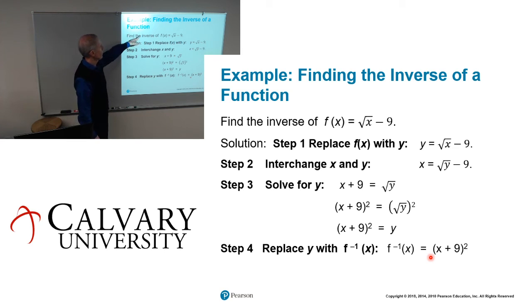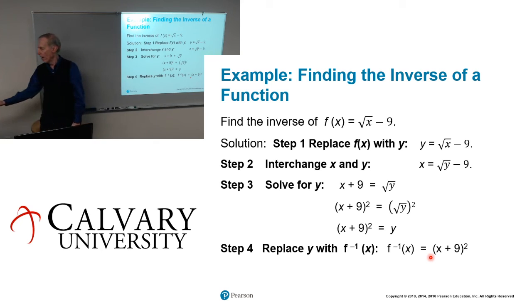So in changing from functional notation, put y equals the square root of x minus 9. Then solve for y, so you have to bring the 9 to the other side, and since the y is a square root, the opposite of a square root is to find the square, and so y is equal to x plus 9 quantity squared, and then to formally put it in this set of notation would be the inverse function.